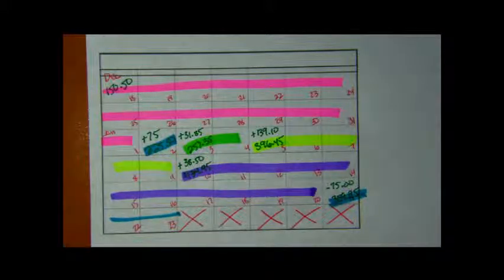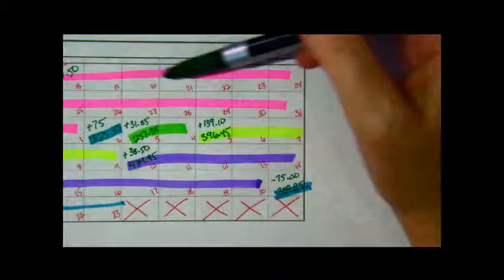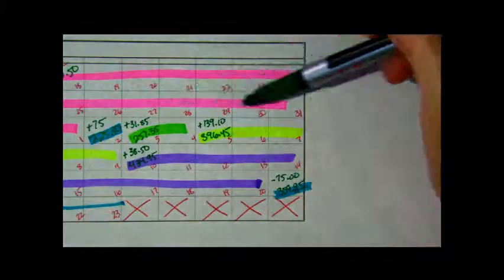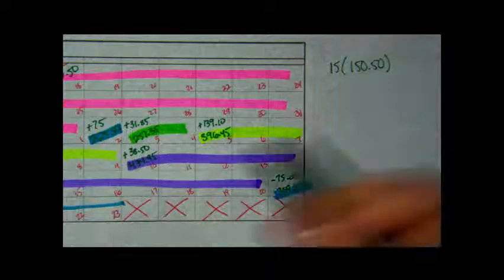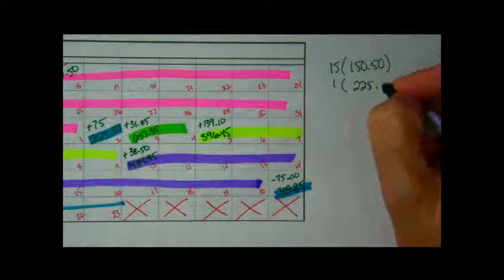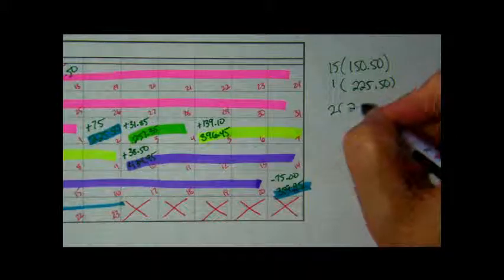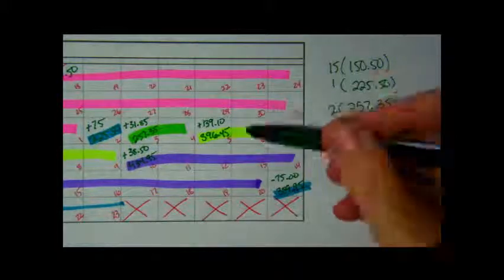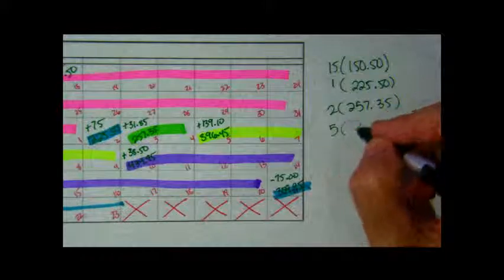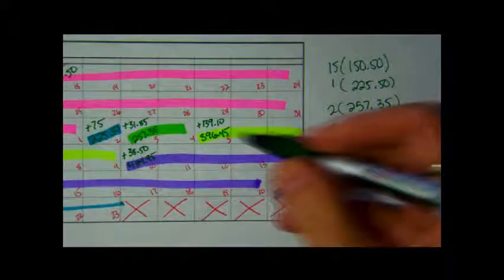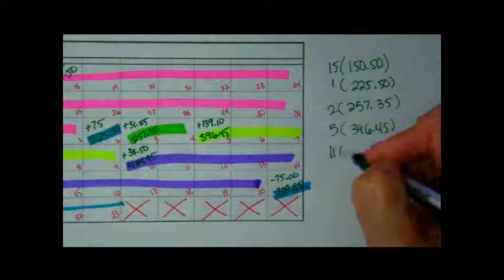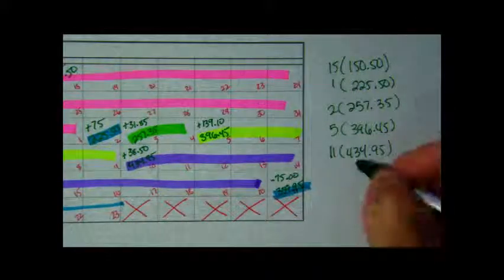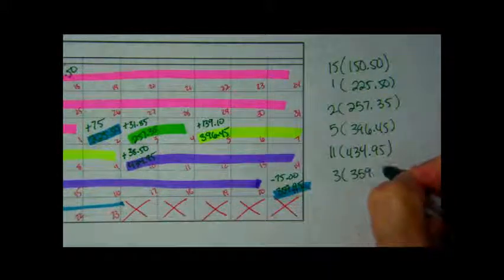So when I go to calculate her average daily balance, I count, and then 1 at 225.50, and then 2 at 257.35, 5 at 396.45, 11 at 434.95, and then 3 at 359.95.